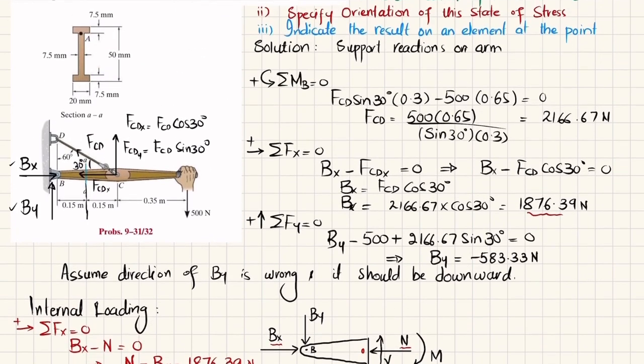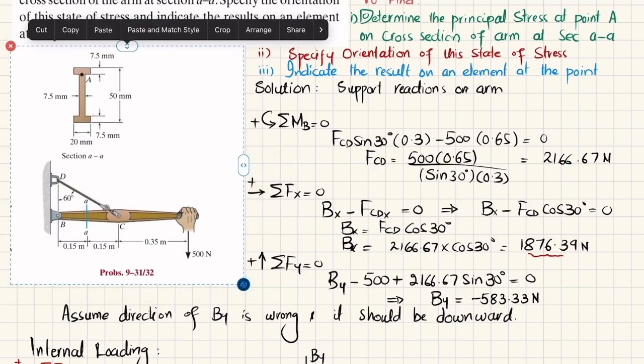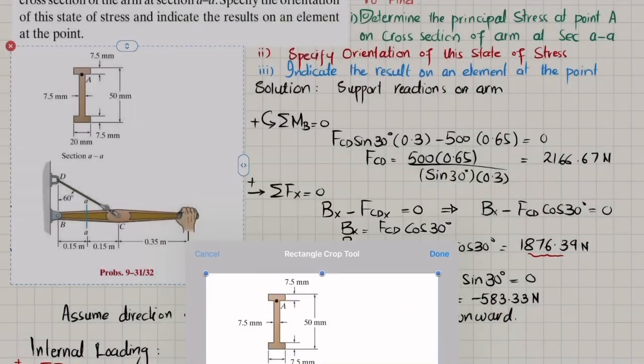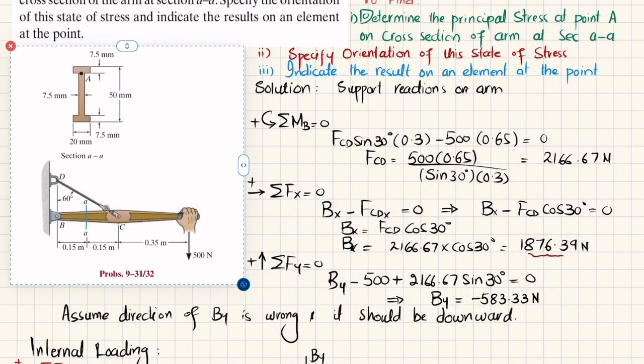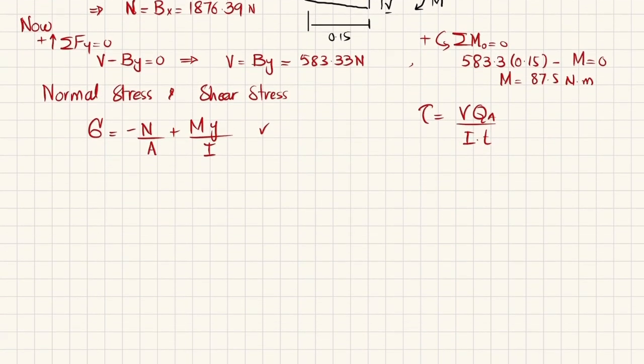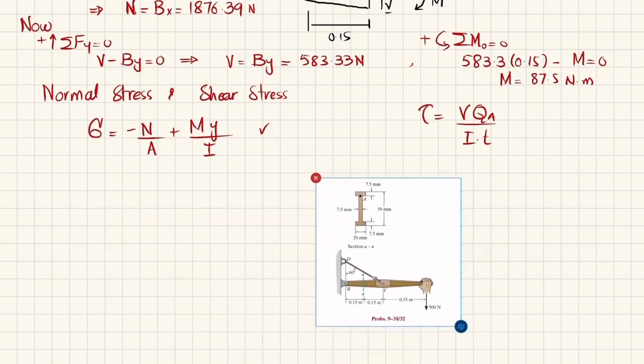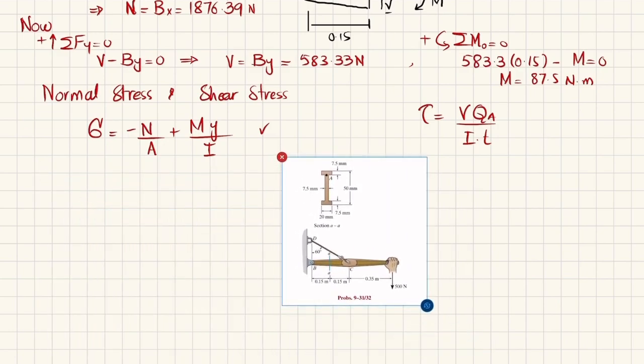So you can see over here, if I take it downward, let me copy it and paste it over here. So you can see this is the cross section. What we will do is find the area.